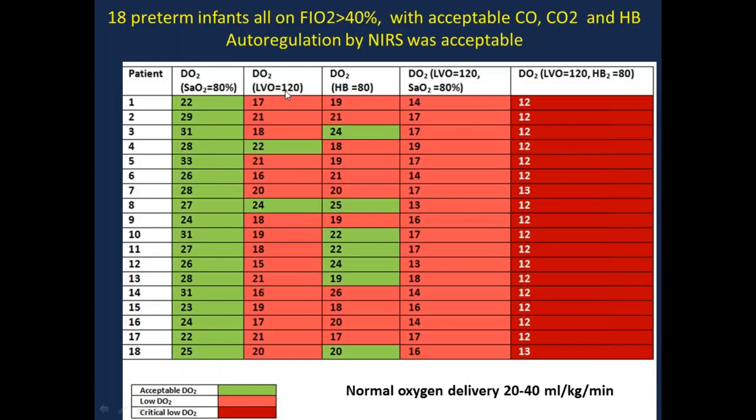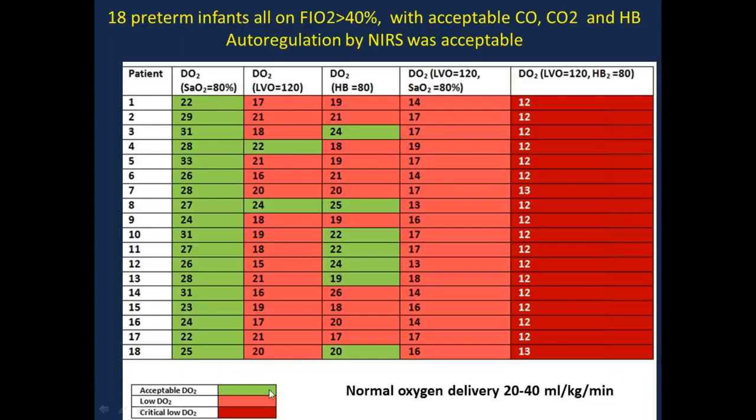We did different maneuvers. We changed the cardiac output to 120, which is just the lower limit of normal, and kept the saturation as is and hemoglobin as is. There was a significant decrease in oxygen delivery. So the impact of low cardiac output on oxygen delivery is more than oxygen saturation.